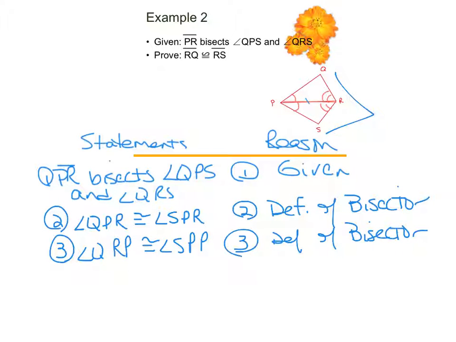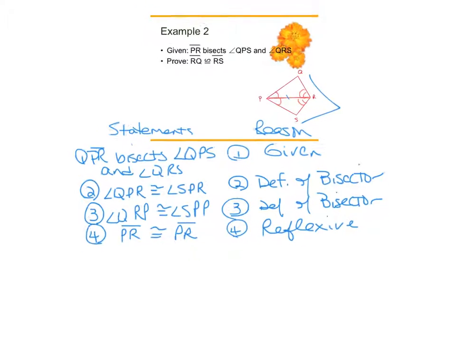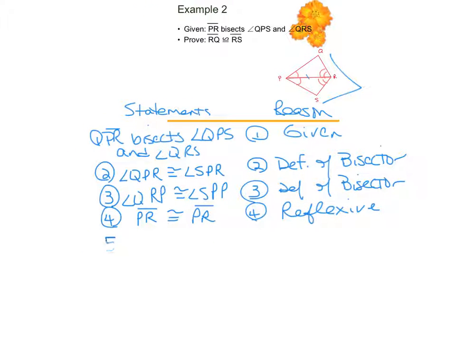So far I got my 2 angles in here. Now I'm going to do the side, which was the reflexive. So side PR, congruent to side PR, and that's the reflexive. Now I'm going to go ahead and put in my shortcut, which is my angle side angle.